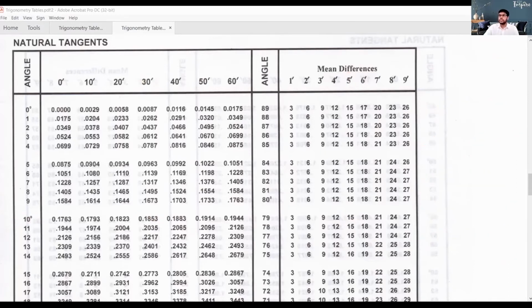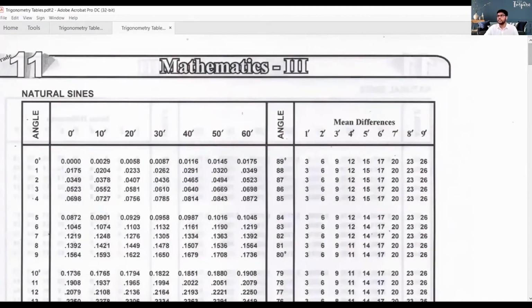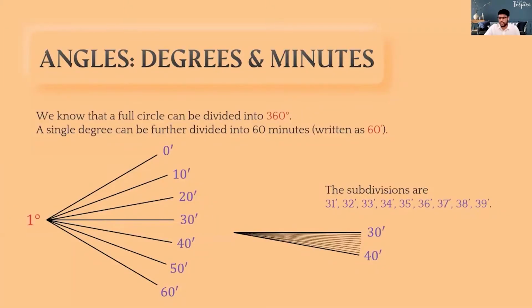Okay, right. So children, now let's go on to some questions. So I'll show you how to do a few questions using these, right? Let's look at this first question. We have the angle in focus is 20 degrees, the opposite is x, and the hypotenuse is 5.